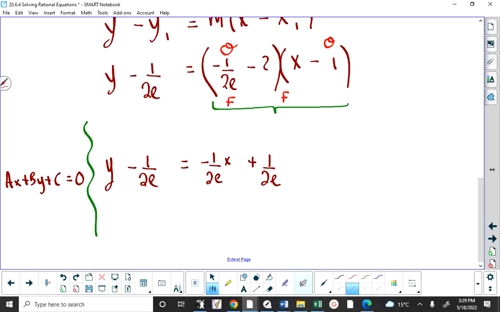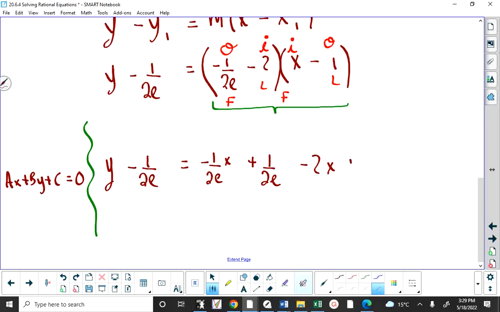I'm going to multiply my inner, which is negative 2 times the x. That gives me negative 2x. And then finally, I can multiply out my last, which is negative 2 times negative 1, which is positive 2.